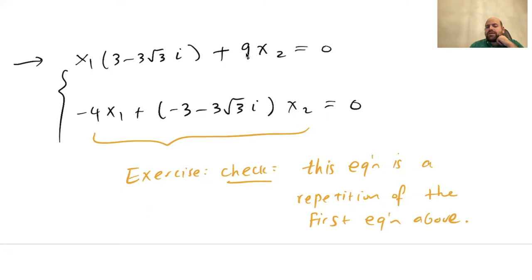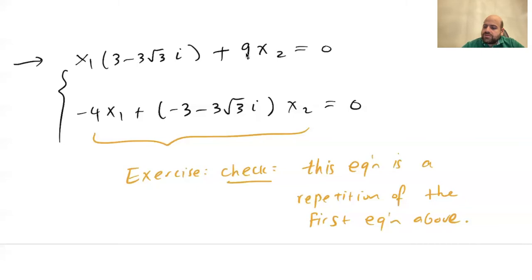So that means it's enough to consider only one of the equations, because the other one is the repetition of the first one, although it doesn't look like it.